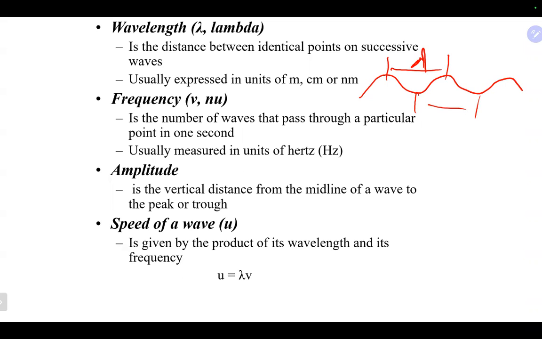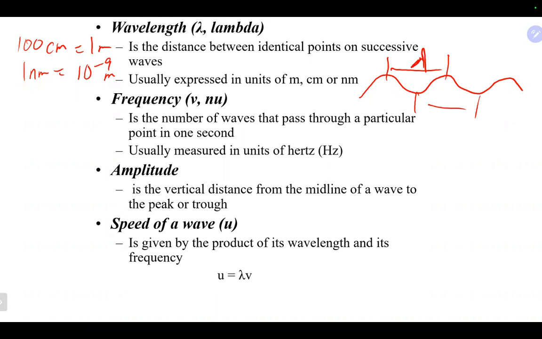Typically, wavelengths are given in meters, centimeters, and nanometers. Reminder that there are 100 centimeters in a meter, and in 1 nanometer, there are 10 to the minus 9 meters. So those are common units used in conversions.